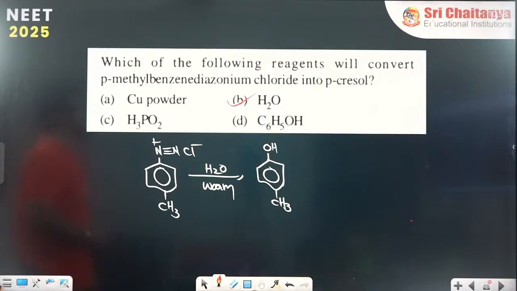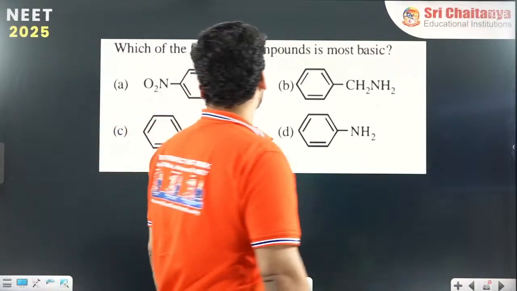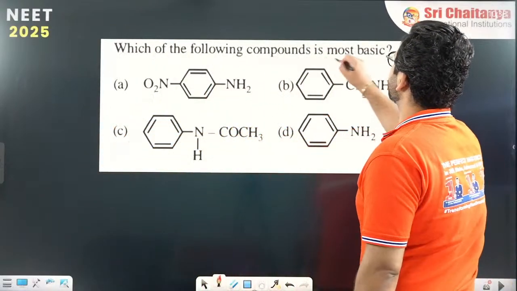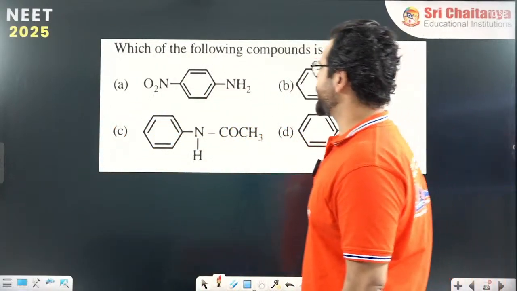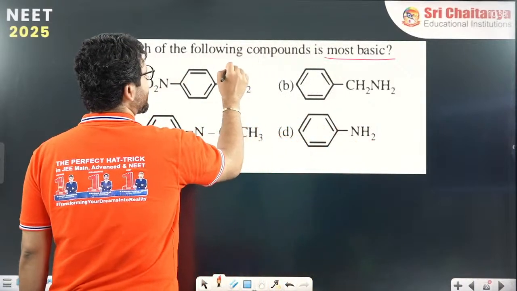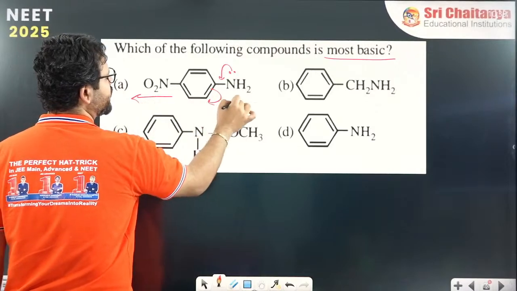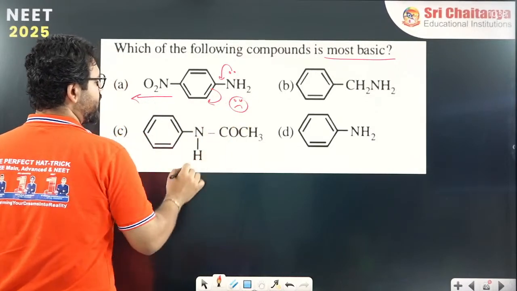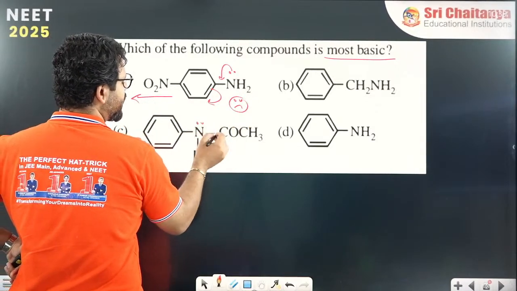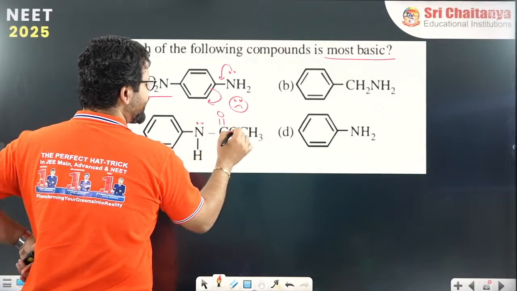Okay. Next one says, which is most basic? Again, same question. This one is going for resonance and NO2 also pulling it. Not good. This is going for resonance and also it's an amide group if you see.